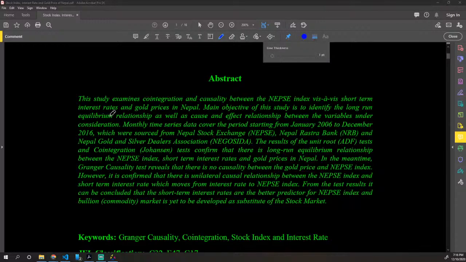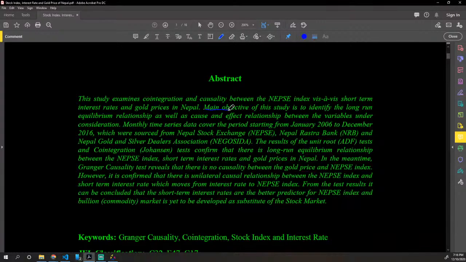And then the main objective of this study is to basically identify the long run or equilibrium relationship, as well as causal relationship between the variables under consideration.